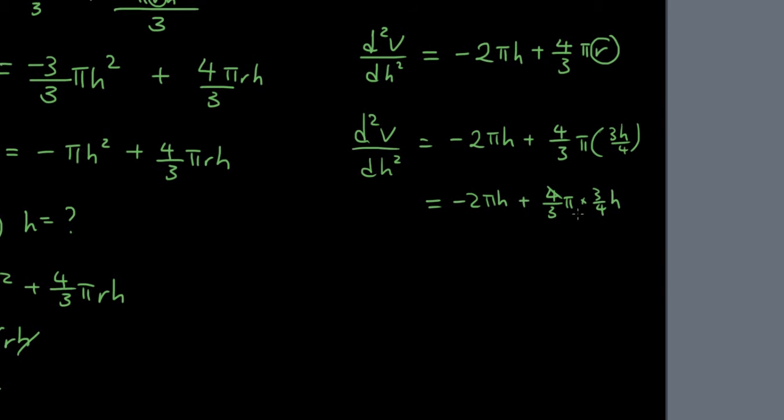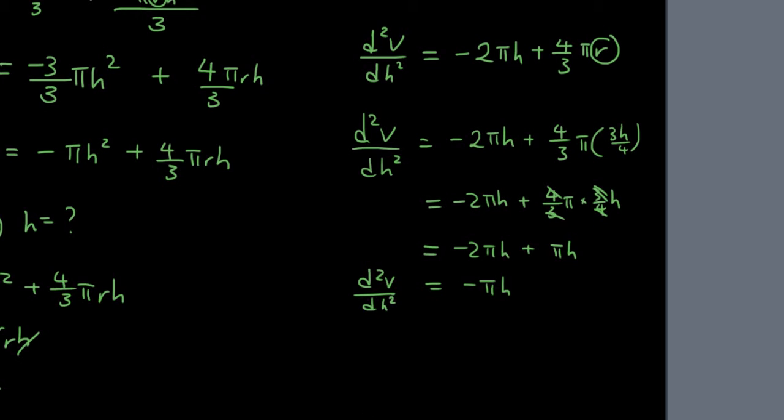So 4 over 3 and 3 over 4 cancel each other out to 1. So it'll be negative 2 pi h plus pi h, which will be negative pi h. So that is the second derivative of the volume.